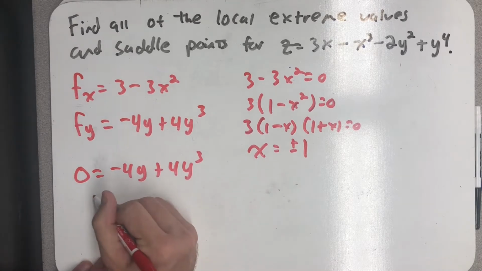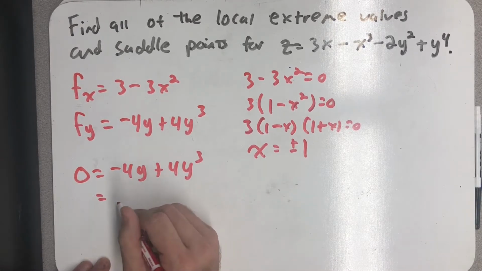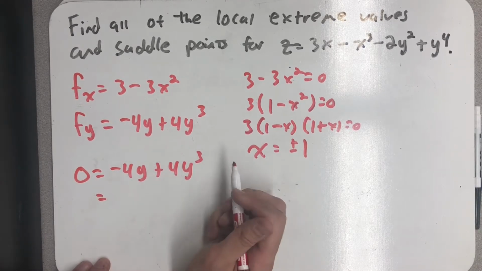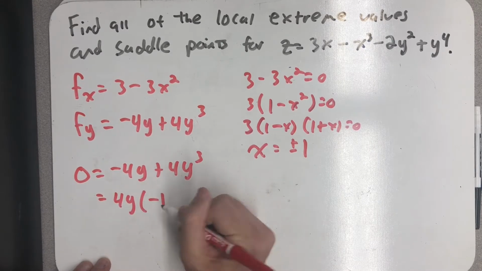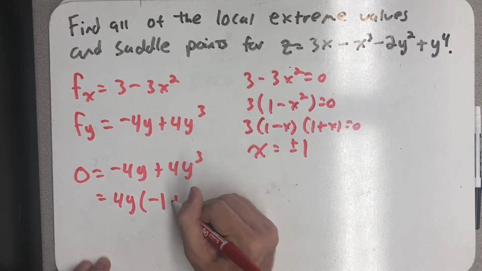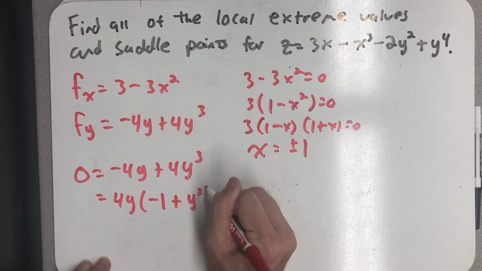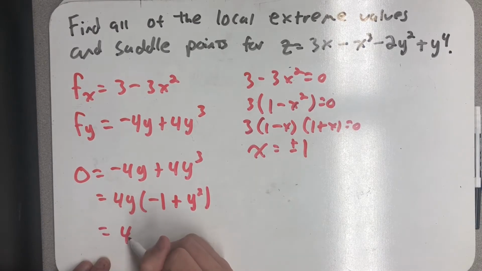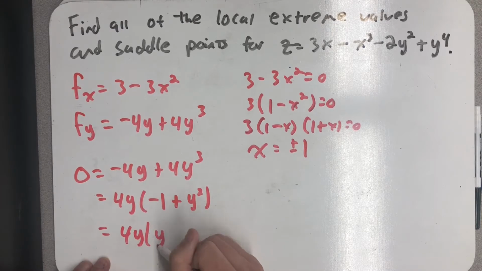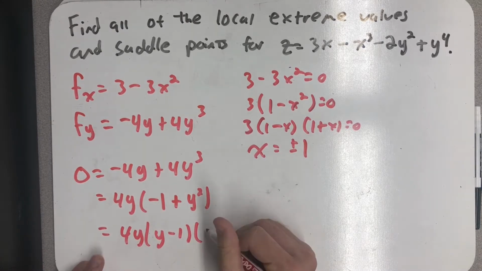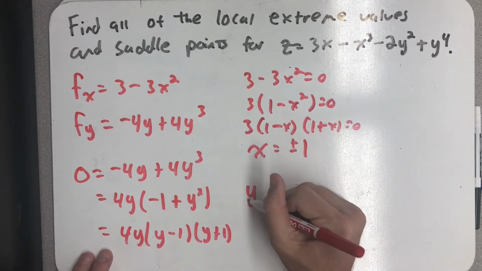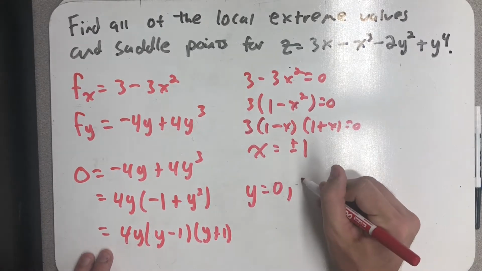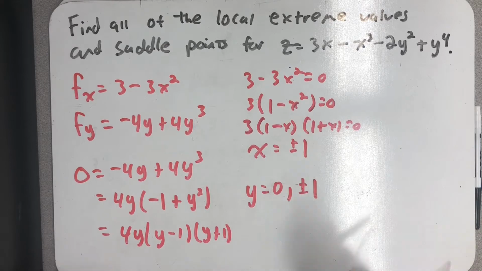Well, let's factor again. I could factor out a 4, so I could actually factor out a 4y. So again, a little more factoring. And from this equation, I see that y could be 0 or plus or minus 1.